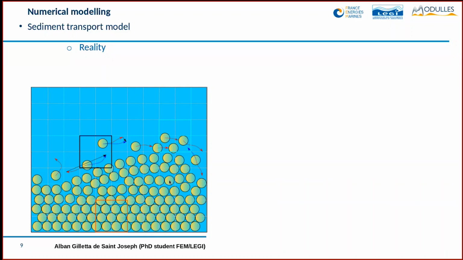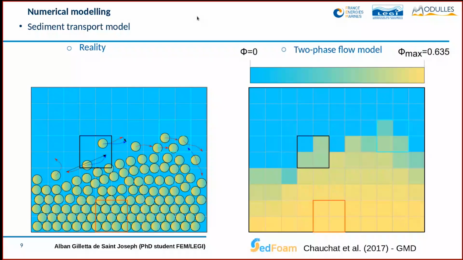The model that I used is called a two-phase flow model. So we model two phases, one fluid for the water and one solid for the particles. What we actually do is a space averaging of the picture that you see on the left, which gives the picture on the right, where each cell corresponds to a certain solid volume fraction, that is to say, the percentage of particles contained in a cell.